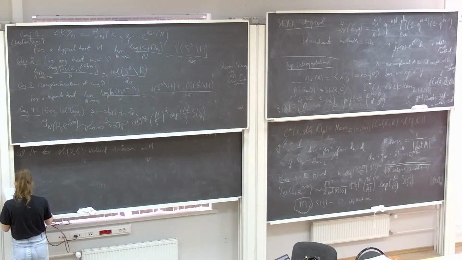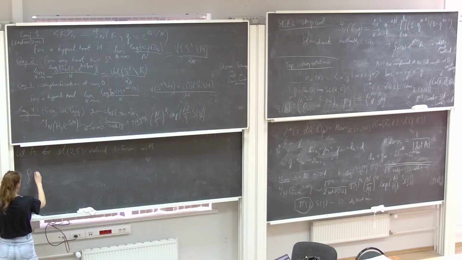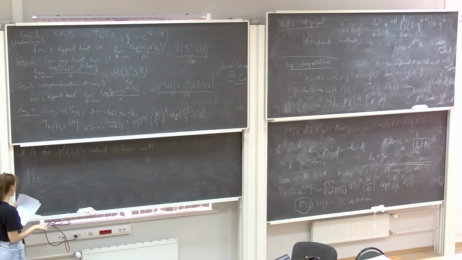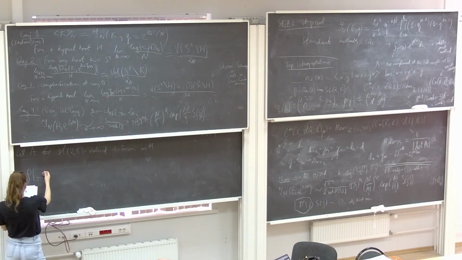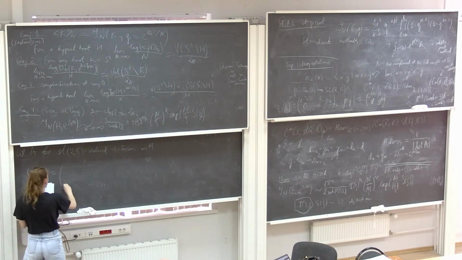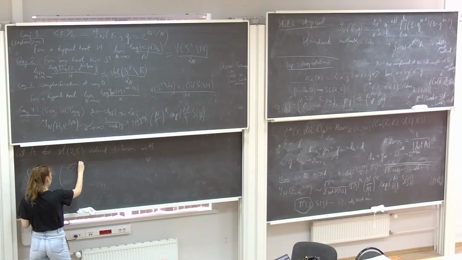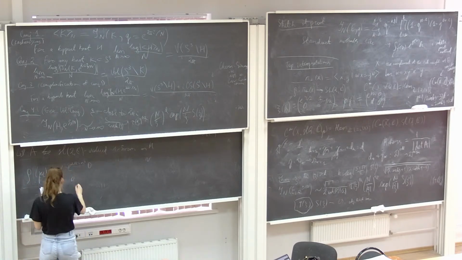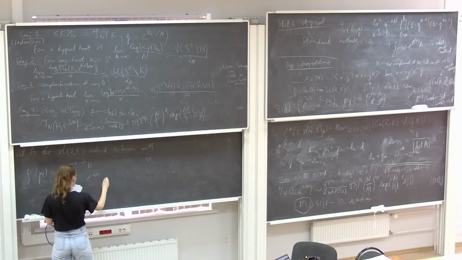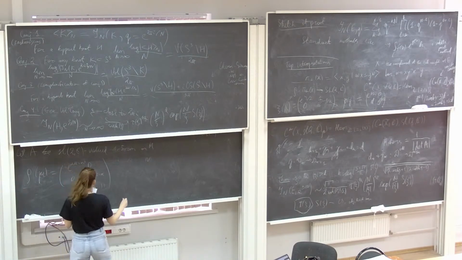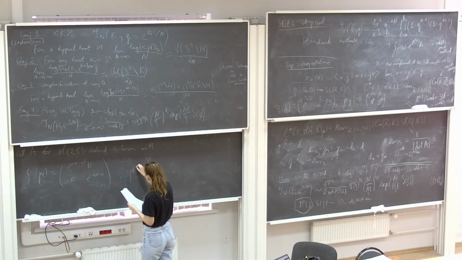Let us assume that rho can be diagonal. So let's say that for suitable conjugation we have these matrices for the action of our meridian and longitude.